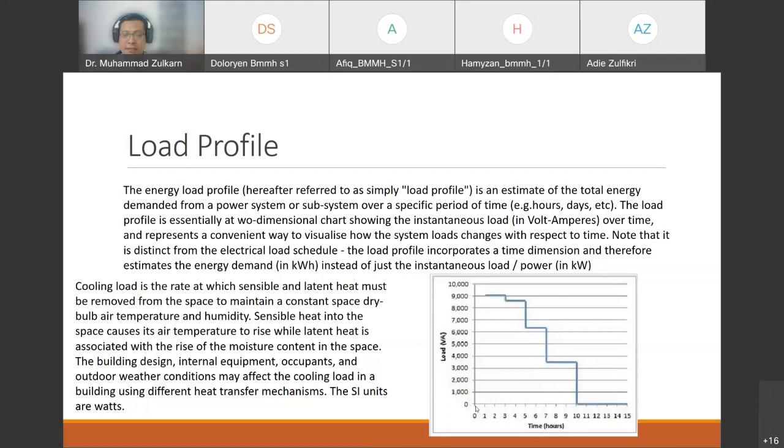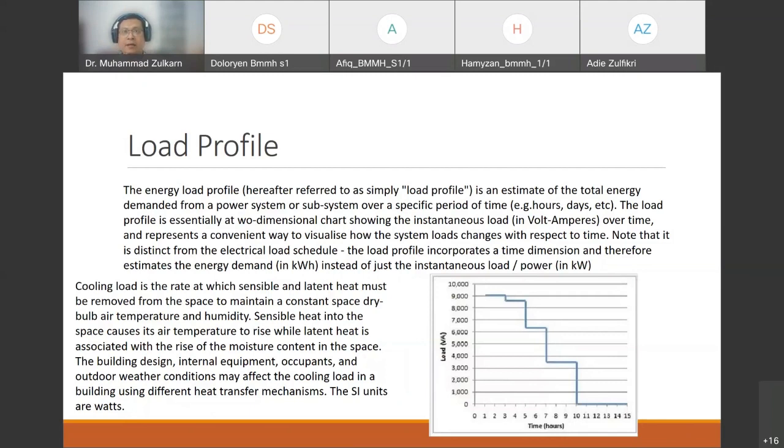Say in the first 3 hours, it will consume 900 volt-ampere, and then it will be reduced, and after running for 10 hours it will be zero, meaning they will be closed. That is how we plot our energy consumption in one cycle.